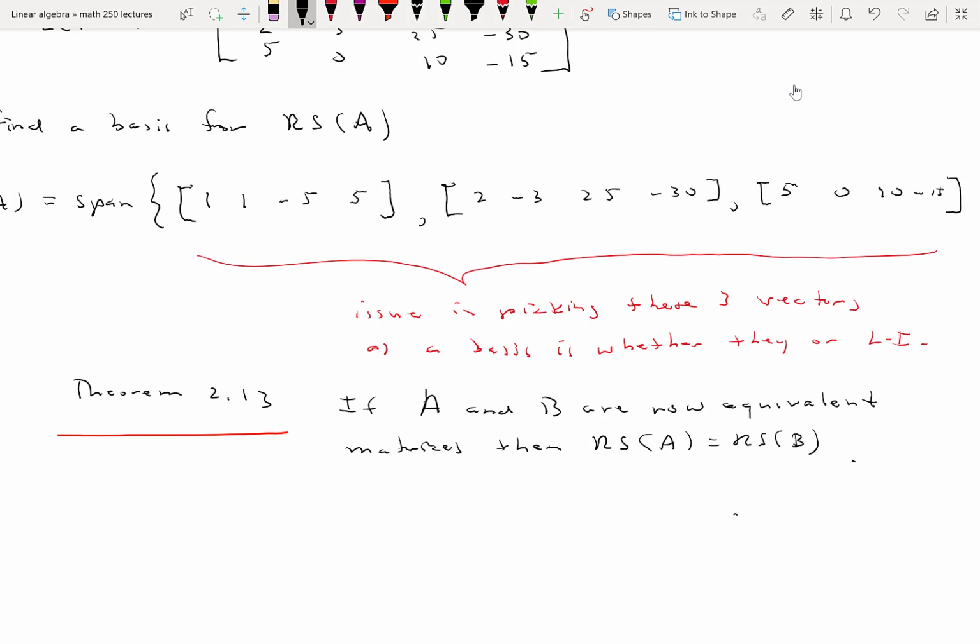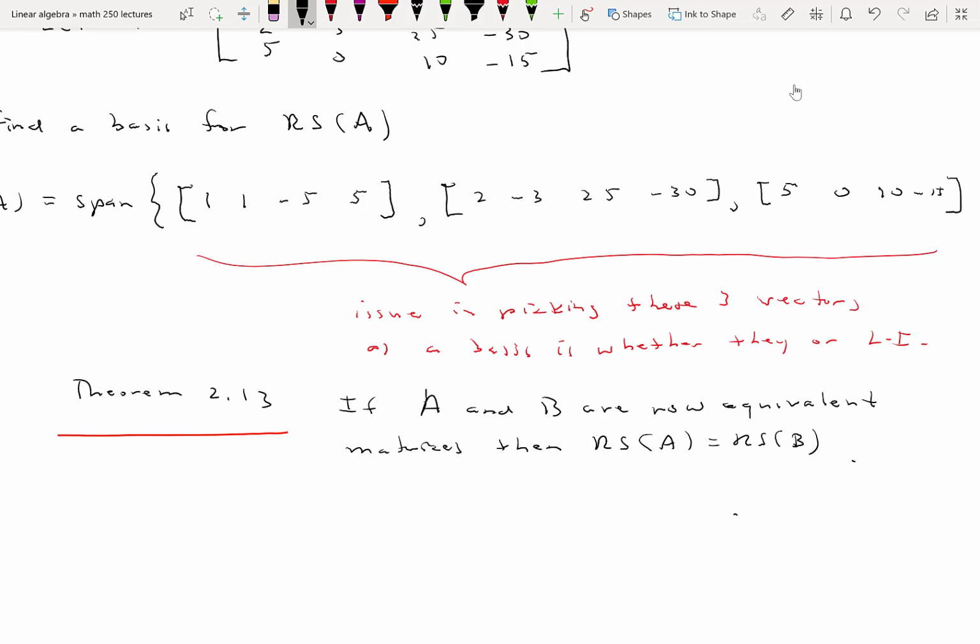It's possible that B could be a lot simpler to look at and may include rows that have zeros, in which case we can pick fewer vectors. We don't have to go through determining whether the three rows of A are linearly independent.